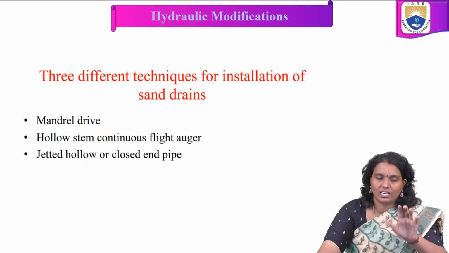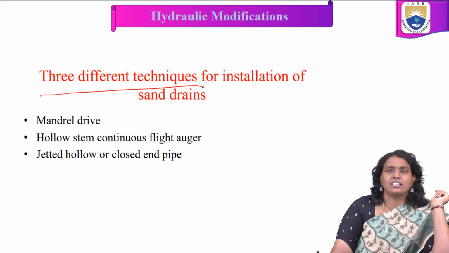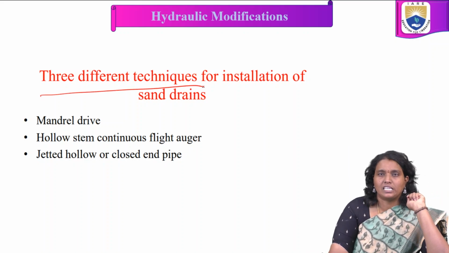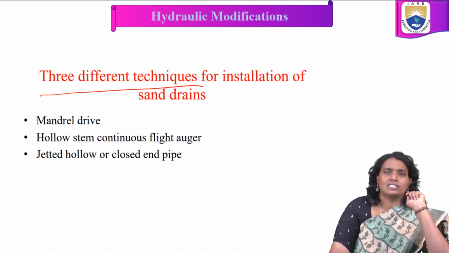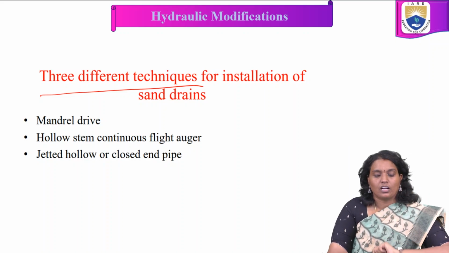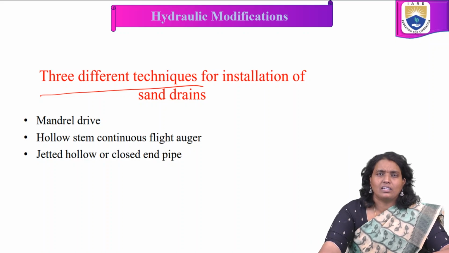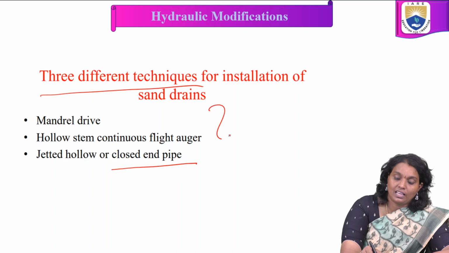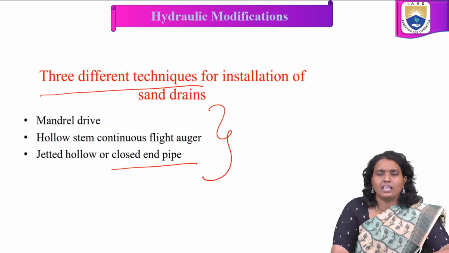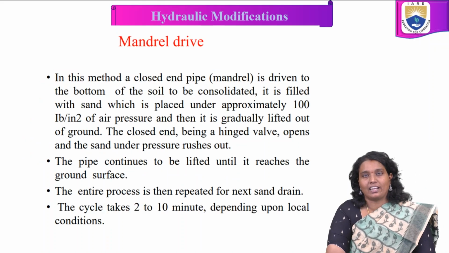Before that we have to understand the three different techniques available. The first one is mandrel drive, the second one is hollow stem continuous flight auger, and the third one is the jetted hollow or closed end pipe. These are the three different installation techniques which we use for the sand drains.